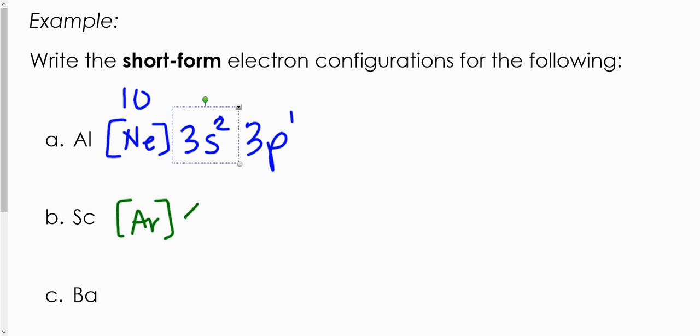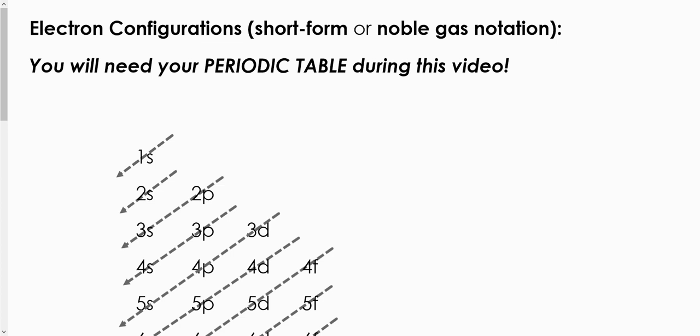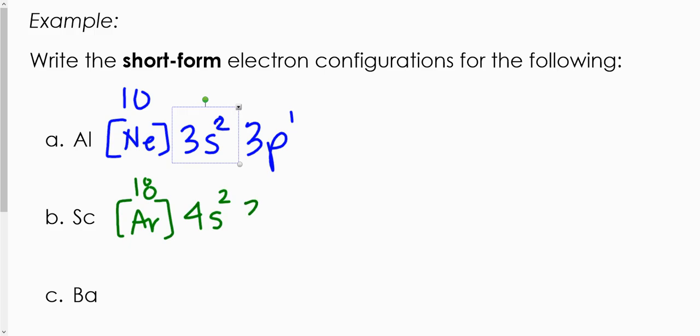And then I'm going to start with row 4, and we always start with S. So argon was 18 electrons, and we're trying to get to 21. So 4s2, so now we're at 20. And then after 4s, if I look at my diagonal, we'd go to 3d. So it's going to be 3d1 for scandium. So argon is 18 plus 2 plus 1 is 21.